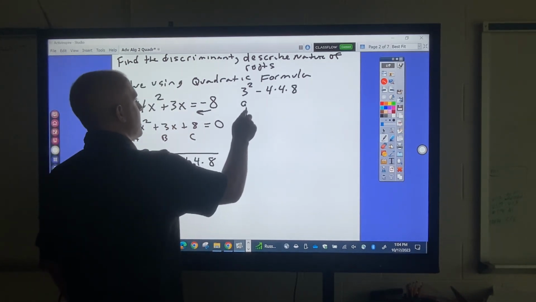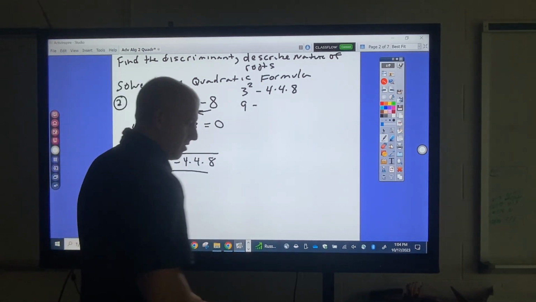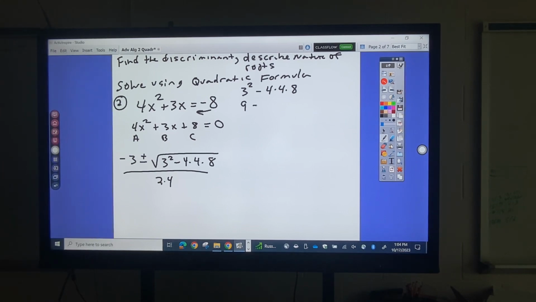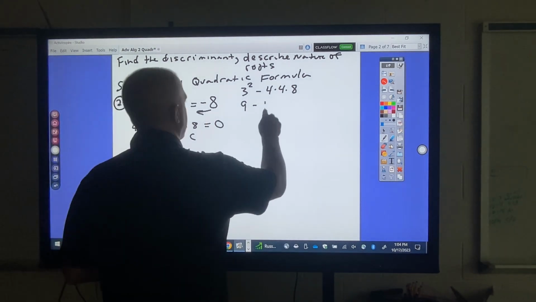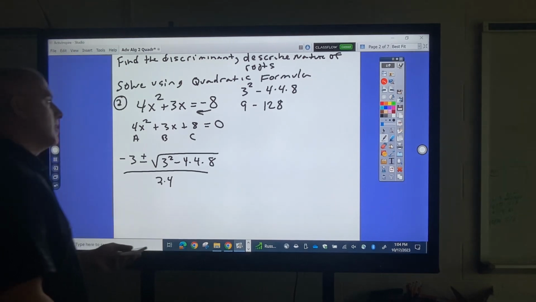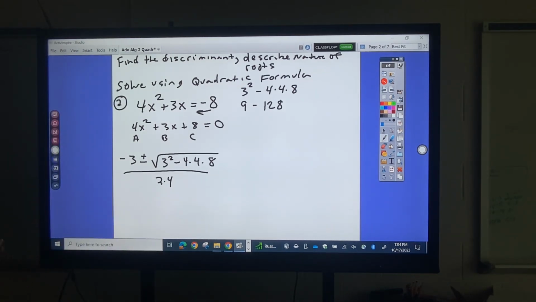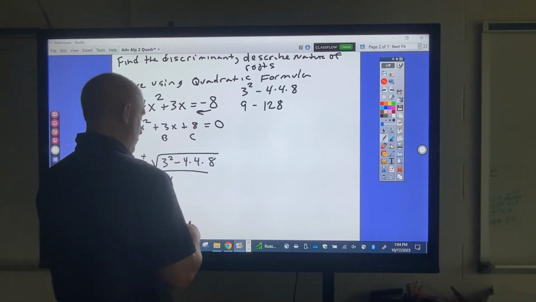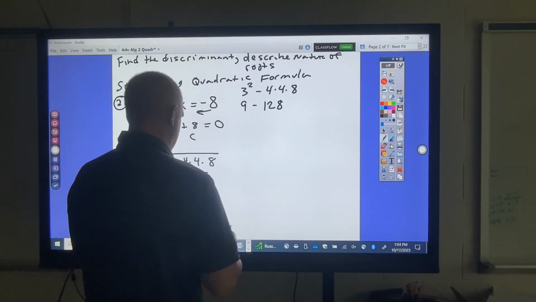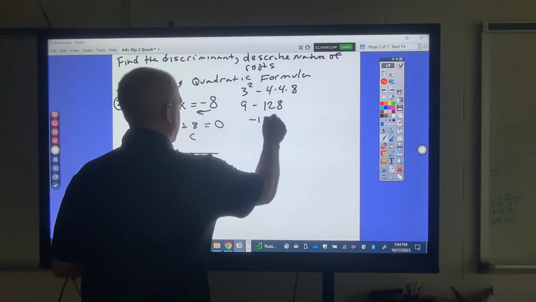So that's 9 minus 4 times 4 times 8, which is 128. If I subtract 9 minus 128, I get negative 119.